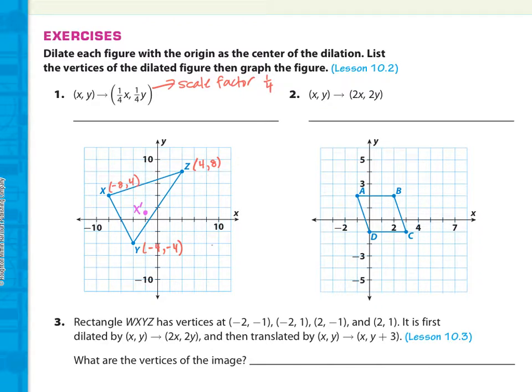Y divided by 4, so I get -1 and -1, so it's about right there. There's y prime. And then z divided by 4 becomes 1, 2. So 1, 2 is about here. And I get this little itty bitty triangle.